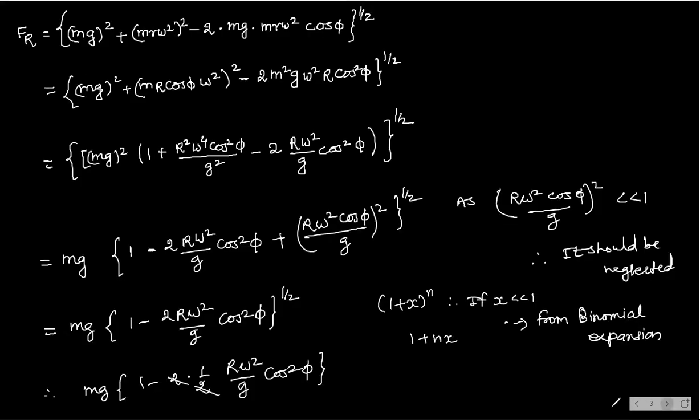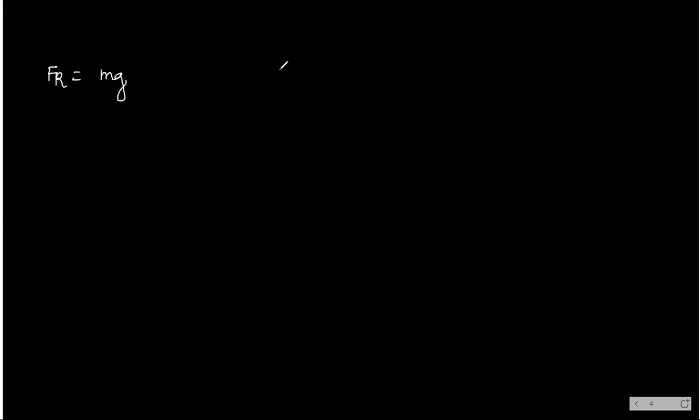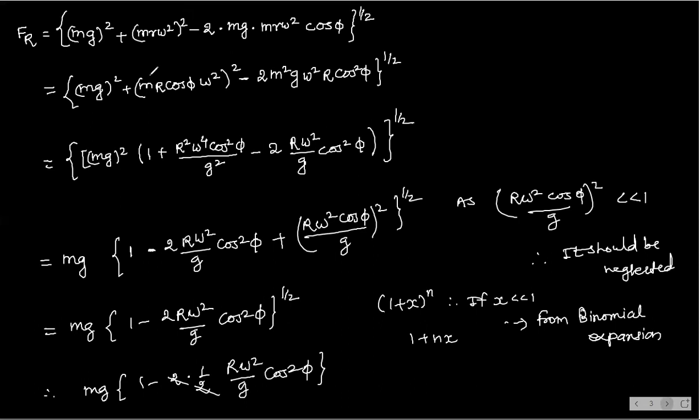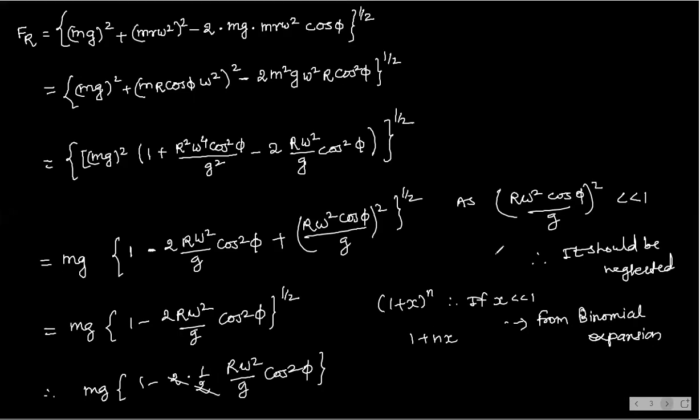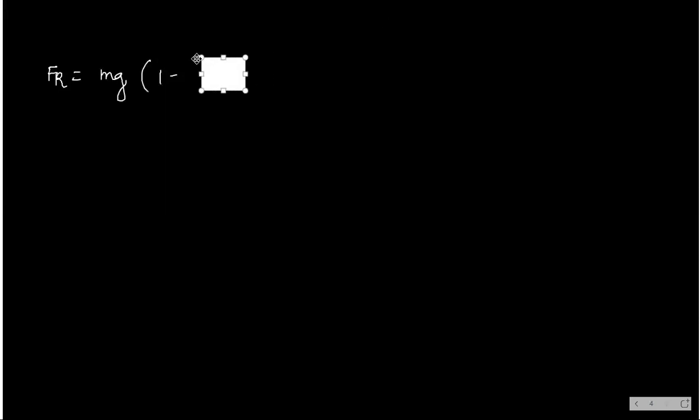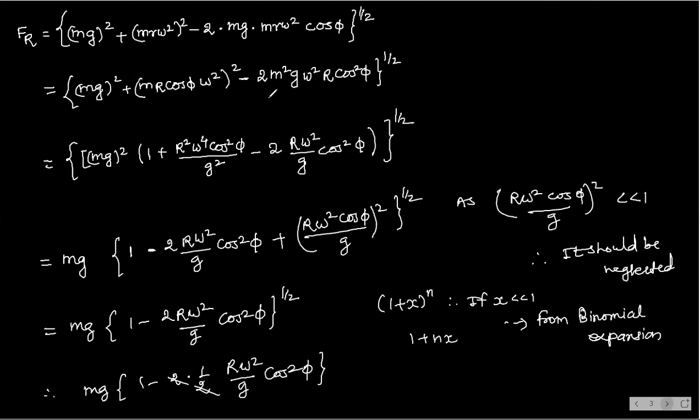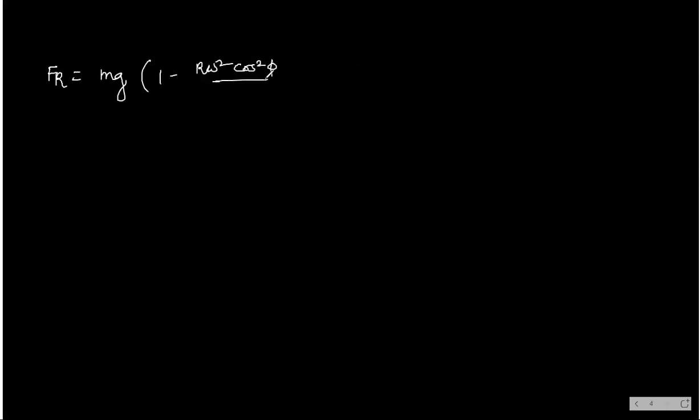So on next page, what we are getting, Fr is equal to mg into 1 minus r omega square cos square phi by g. Okay. Now let's multiply with mg throughout.